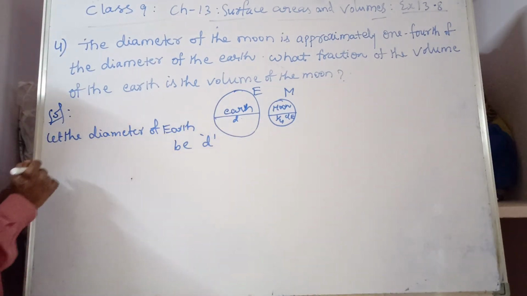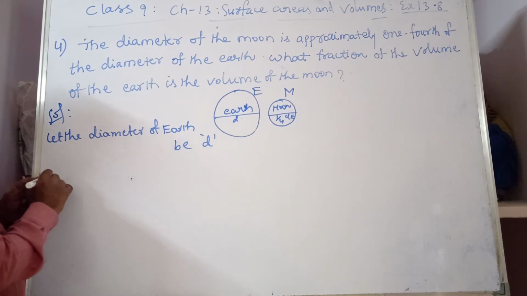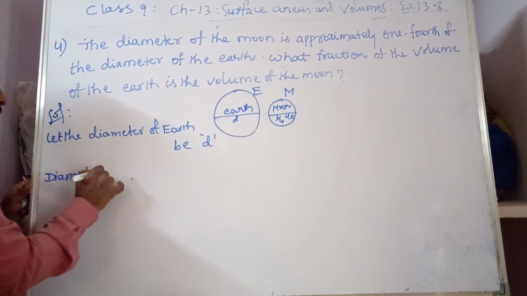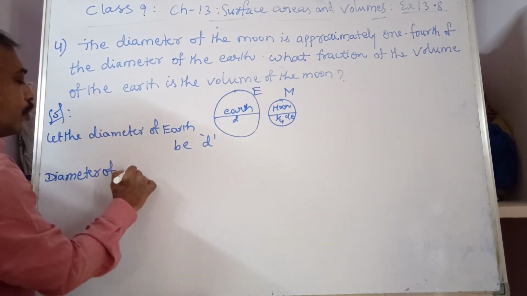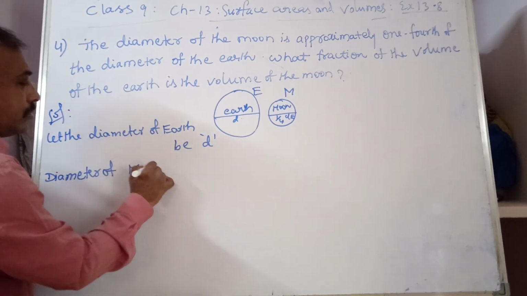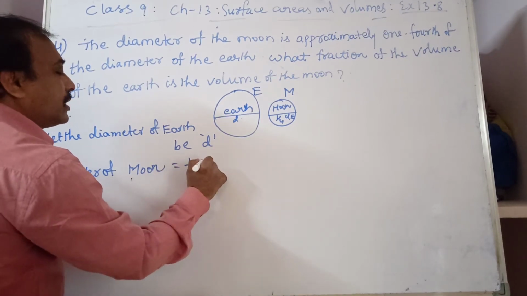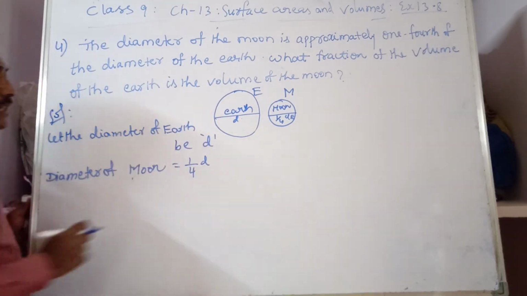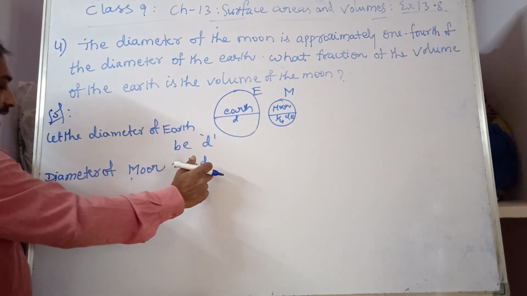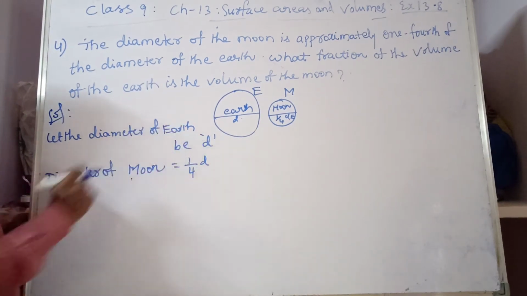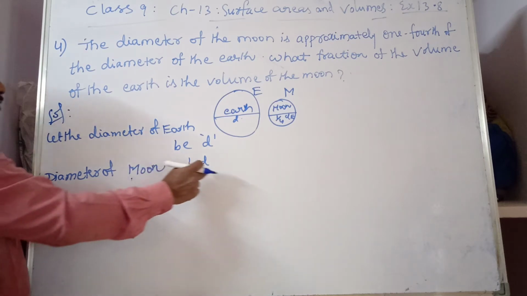Then the diameter of the moon is equal to 1/4 of the diameter of the earth, 1/4 d. D means what? Diameter of the earth. 1/4 of d.